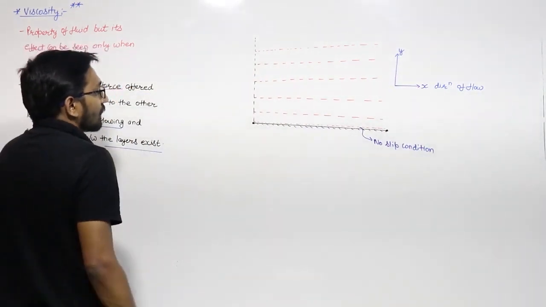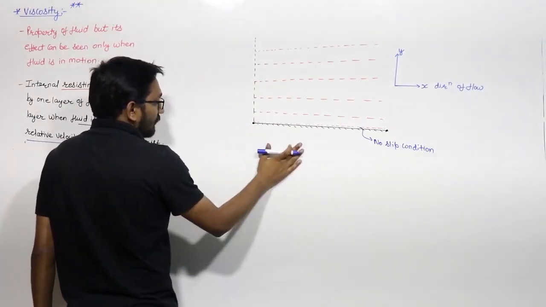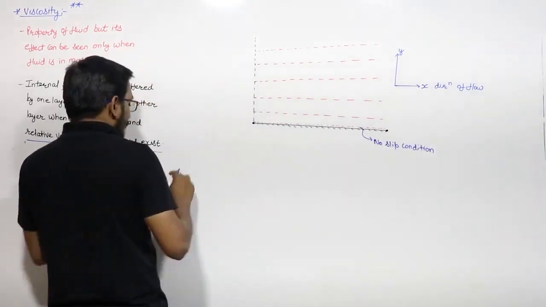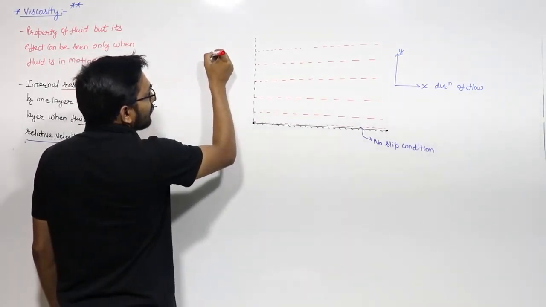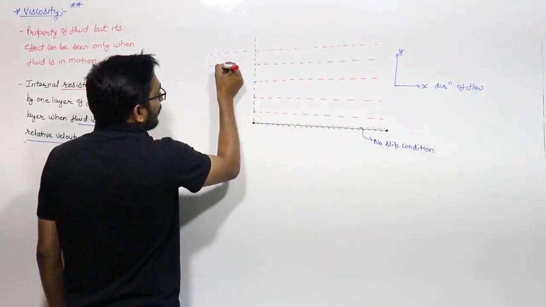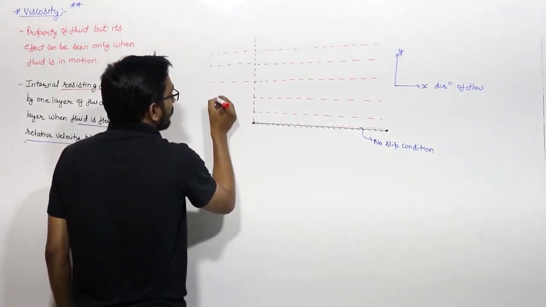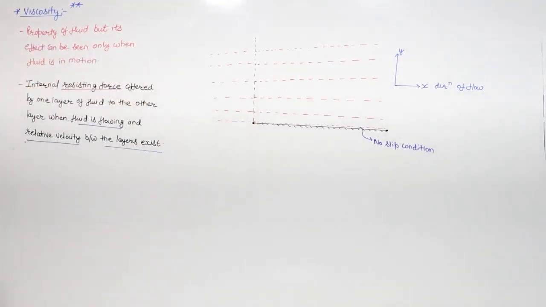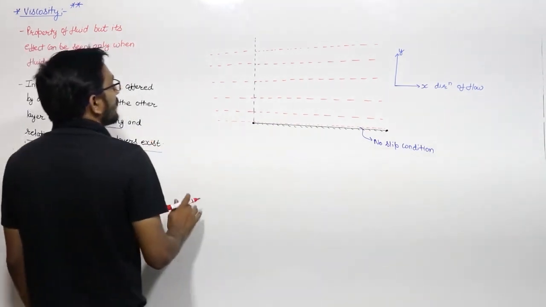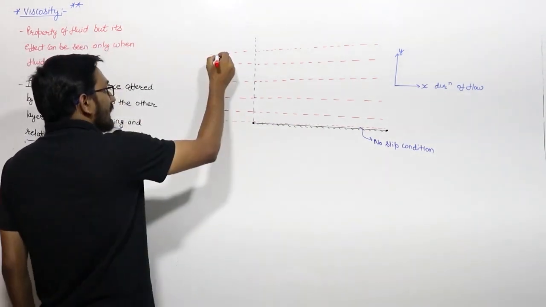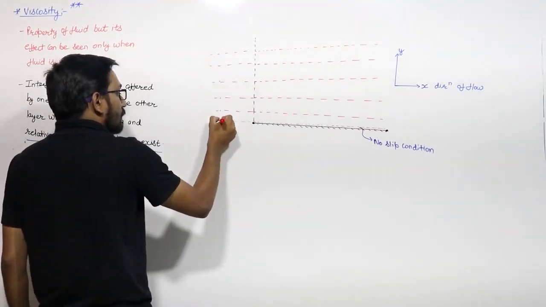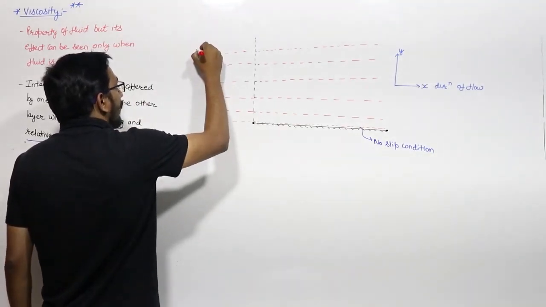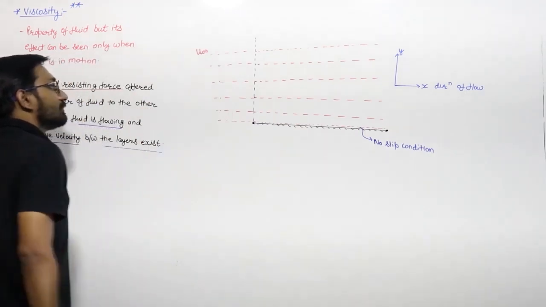Before coming in contact with this solid boundary, suppose the fluid is flowing here, and this fluid is there also. Before coming in contact with this solid boundary, each and every particle of this fluid, each and every layer of this fluid flow will be moving with some velocity which we know as u infinity.